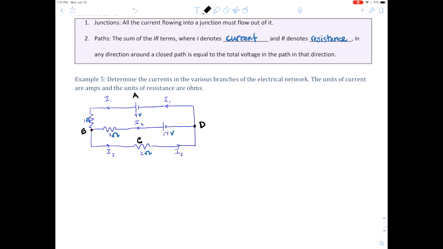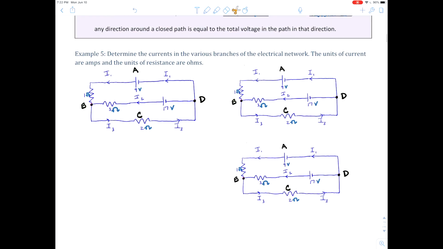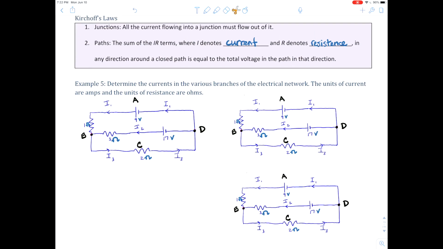That'll help us traverse around this thing. So in this one, we have 2 paths and 1 current.